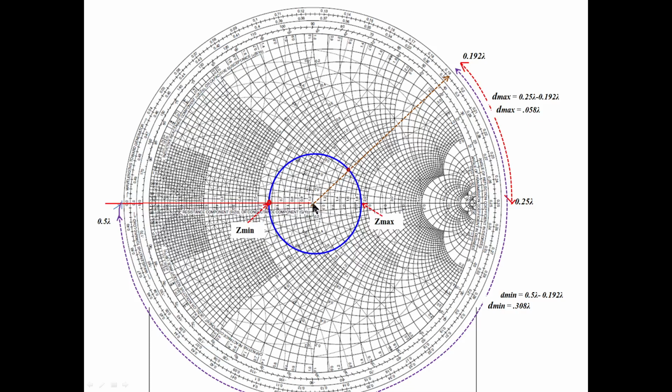You should start from here only. To draw the line, start from the center and draw up to the wavelength scale. This is the wavelength scale towards the generator. Stop here. Similarly, from here you pass through the point where you stopped. I want to know the distance. I am moving like this and I stopped here.